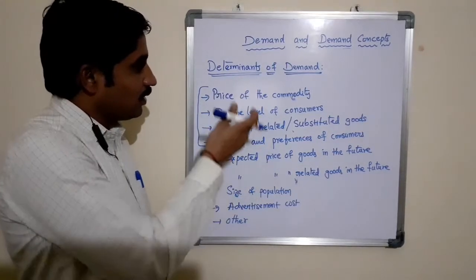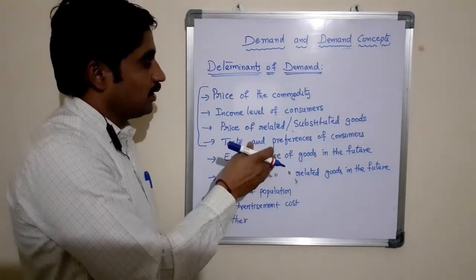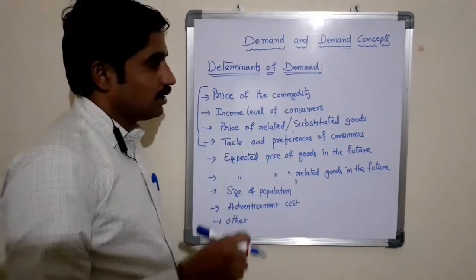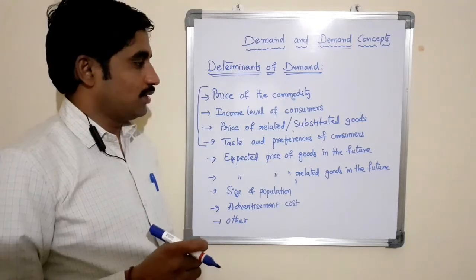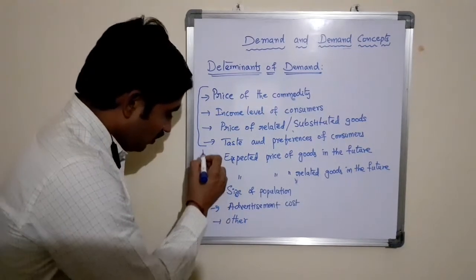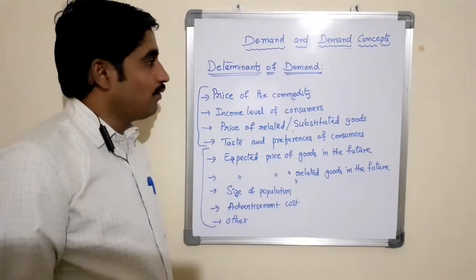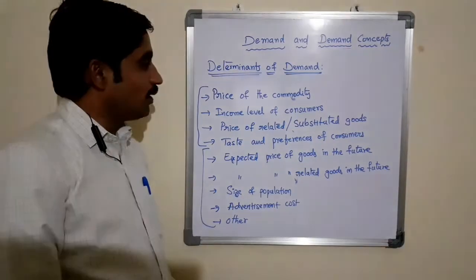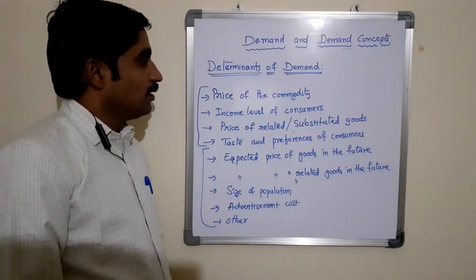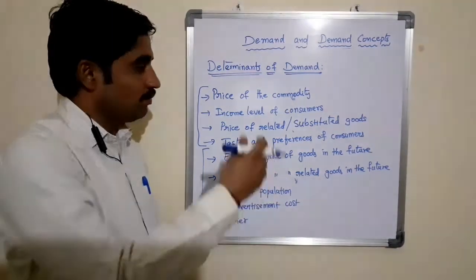These are all the factors that directly or indirectly influence the quantity demanded of a product. All these factors are very important to consider at the time of determining the demand of a product. Let us see one by one how these determinants influence the demand of the commodity.